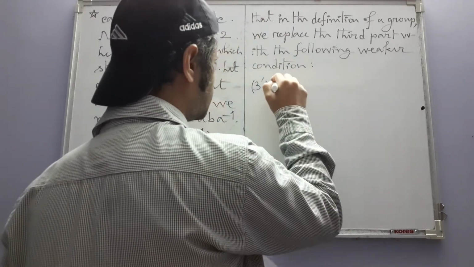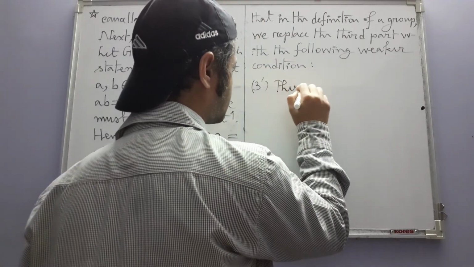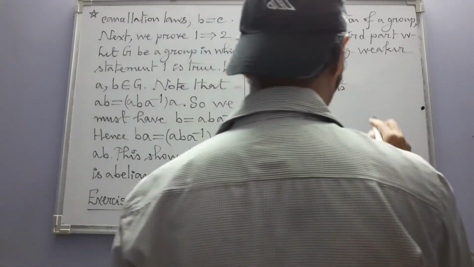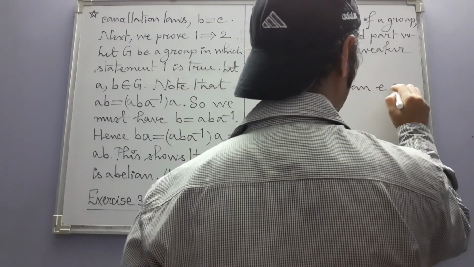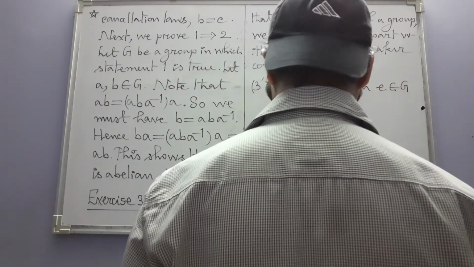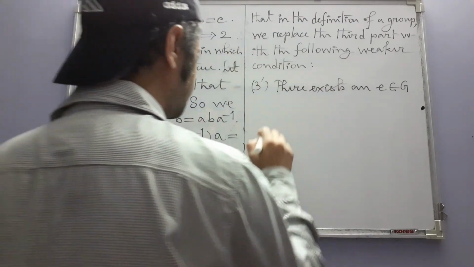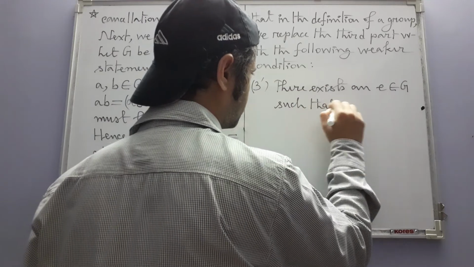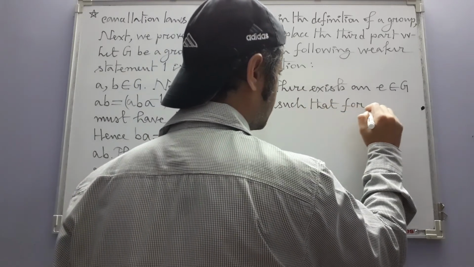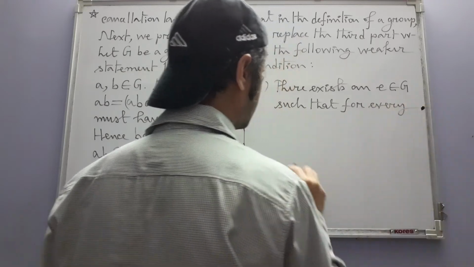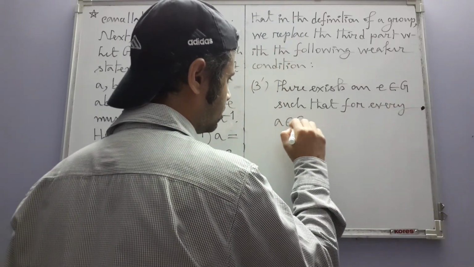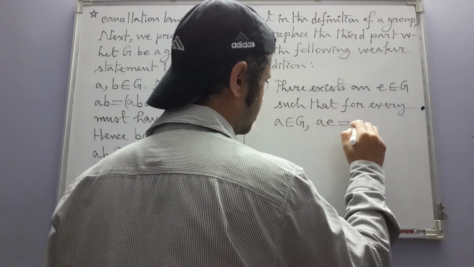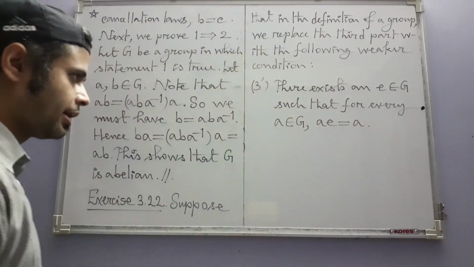There exists an element E belonging to G such that for every element A in G, AE is equal to A, and that's it.